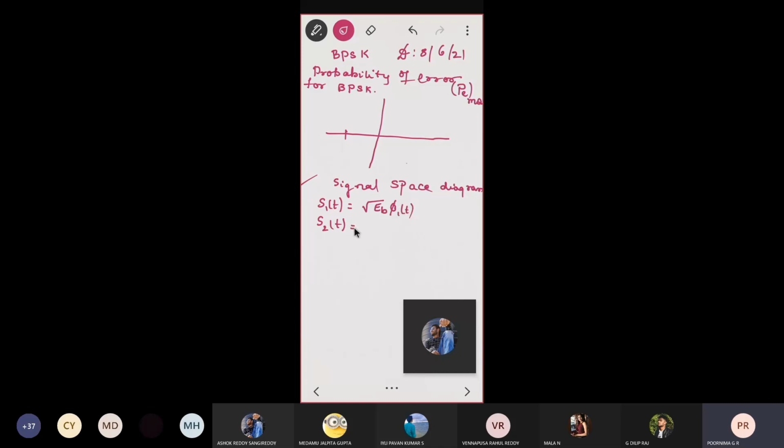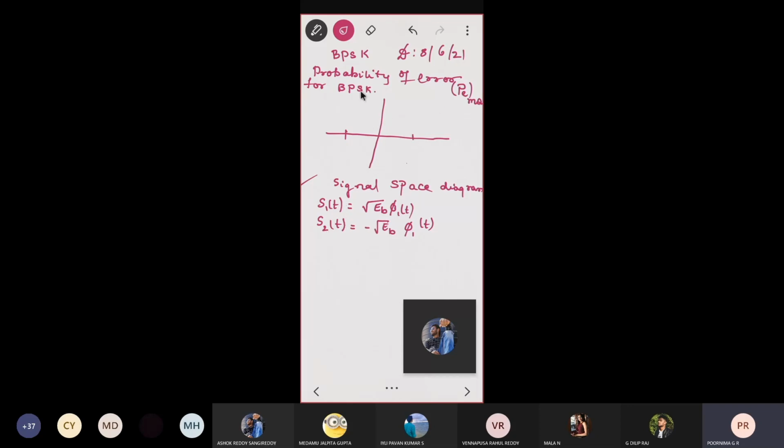Similarly, S2 of t is minus root EB into phi 1 of t. These are the two signals we are going to transmit in the BPSK using bipolar coding.